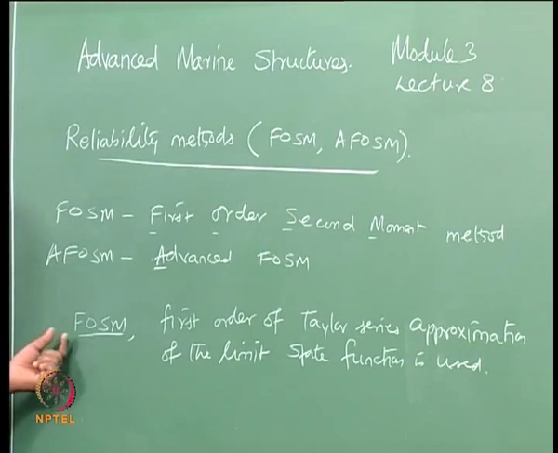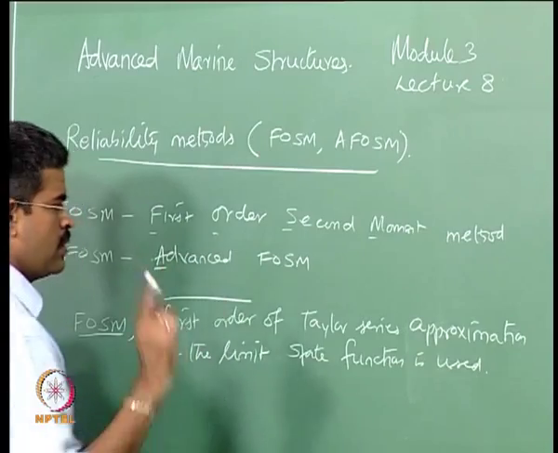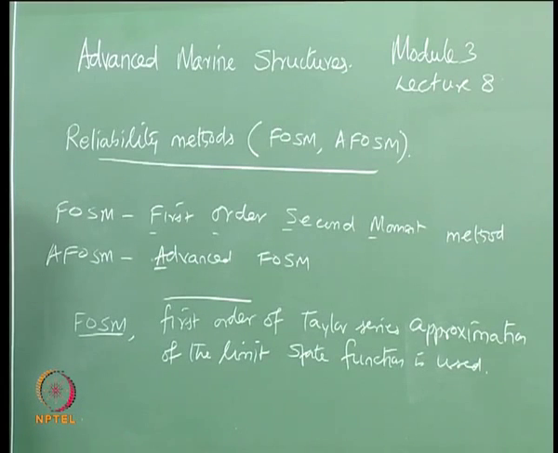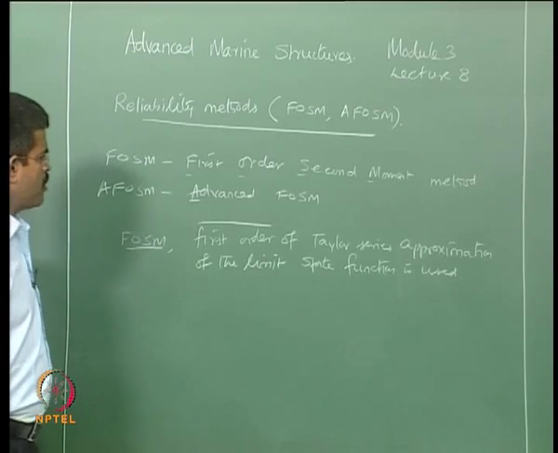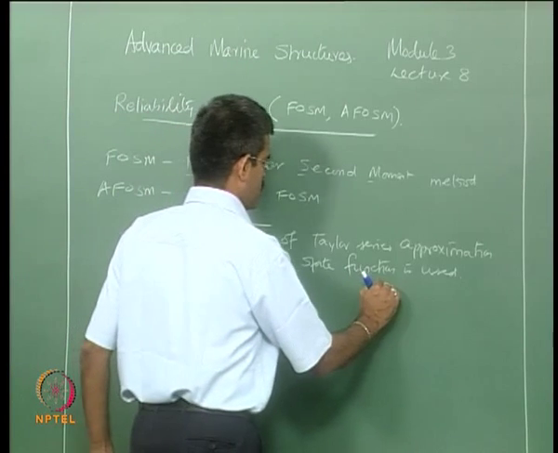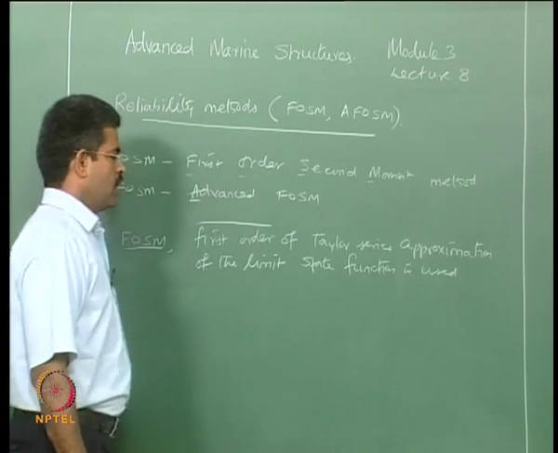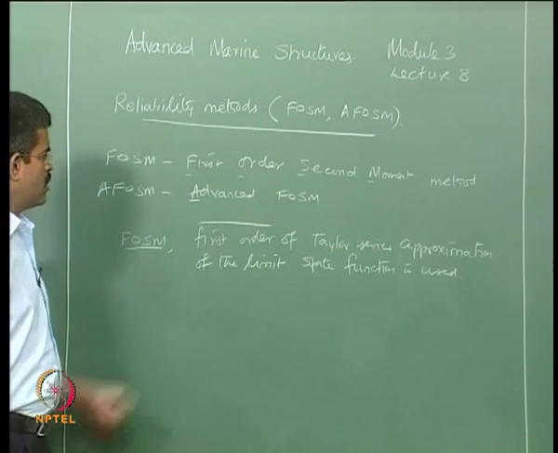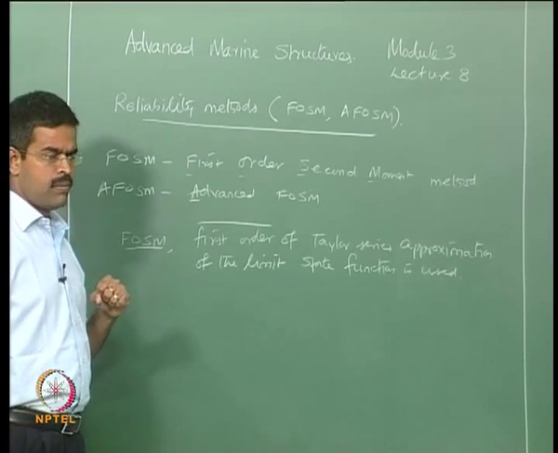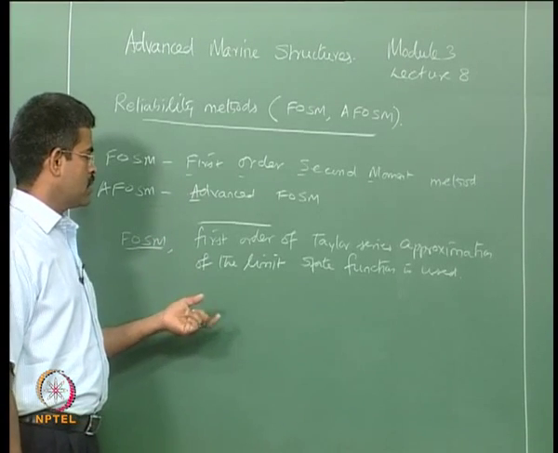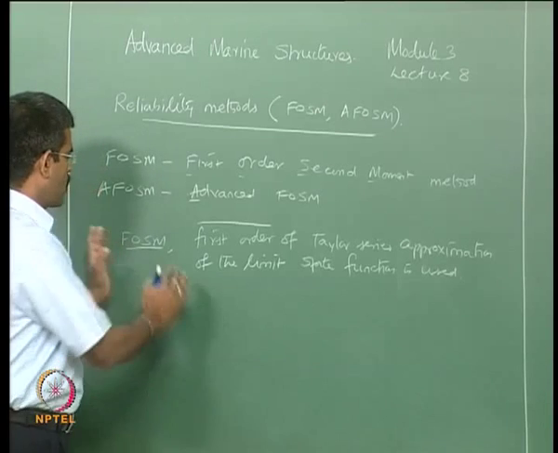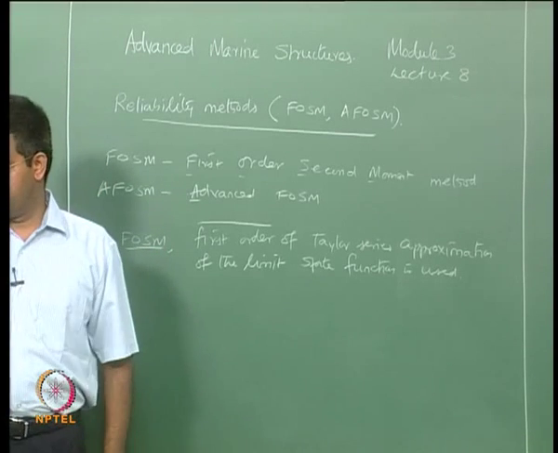That is why it is called first order. So, you approximately formulate the limit state function using Taylor series, and in that series you consider only the first order terms. If you do that, then that method of reliability is generally called the FOSM method.